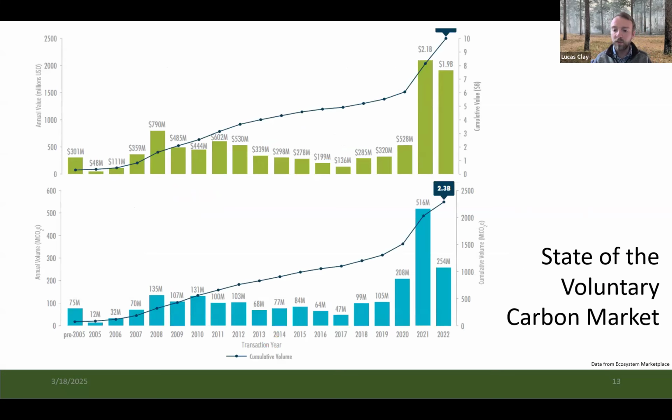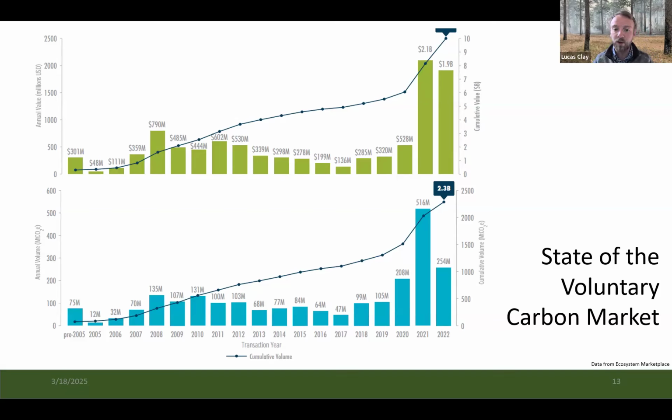So a little overview of the state of the voluntary carbon market in terms of total value and total volume. On the top, you can see the total value of traded credits since the evolution of the market pre-2005 to 2022. This is some of our most recent data. And we can see that in 2021, it topped out at about $2.1 billion in traded value.